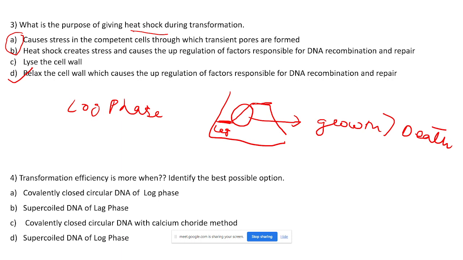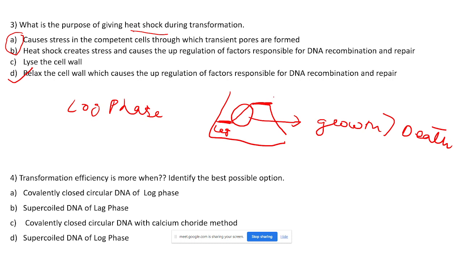It's basically a graph of a batch culture where you are not continuously supplying the nutrients. So there will be a time at which the nutrients will get exhausted, and there will be no more nutrients left. But because bacteria are still very much metabolically active, they will grow.